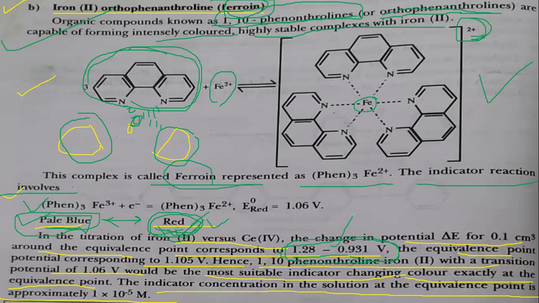The indicator concentration in the solution at the equivalence point is approximately 1 into 10⁻⁵ molar, that is 0.0001. This much is the concentration, and that is more than enough to show the change in color.